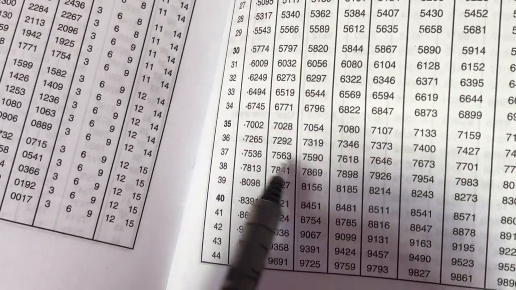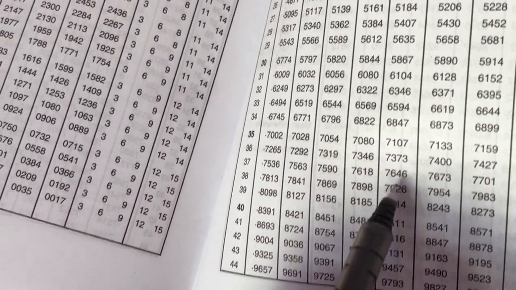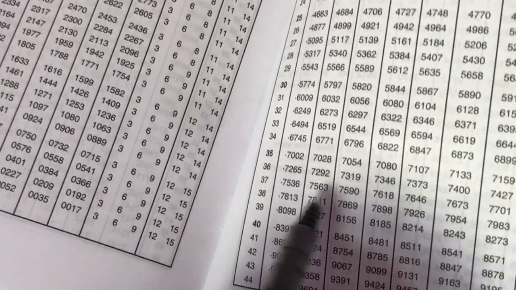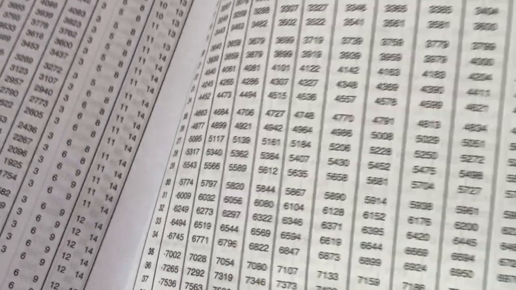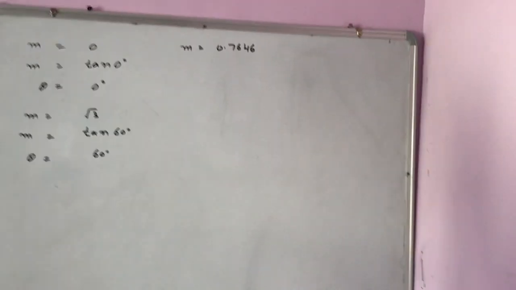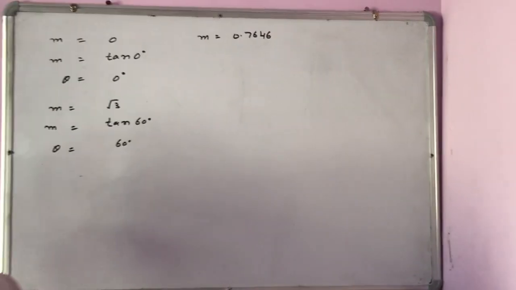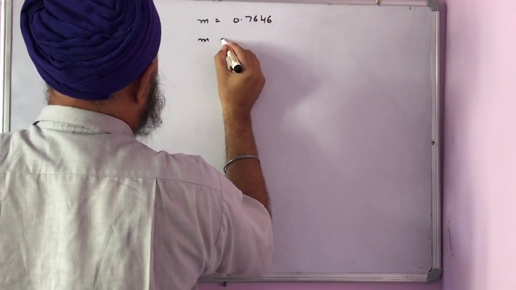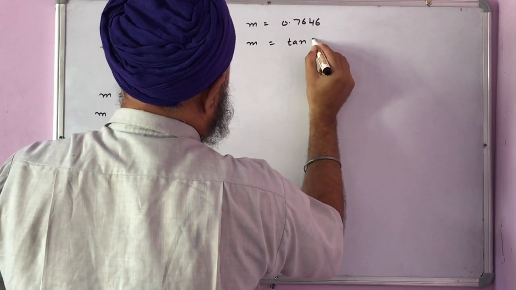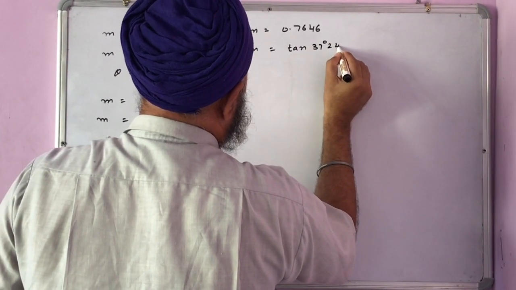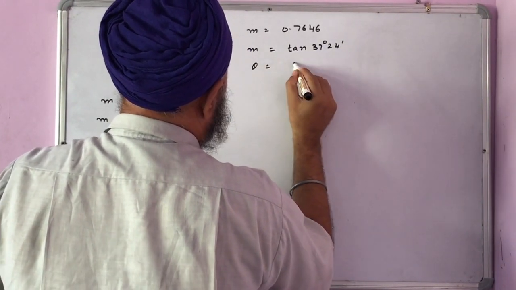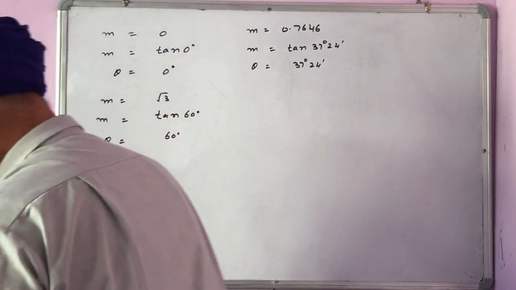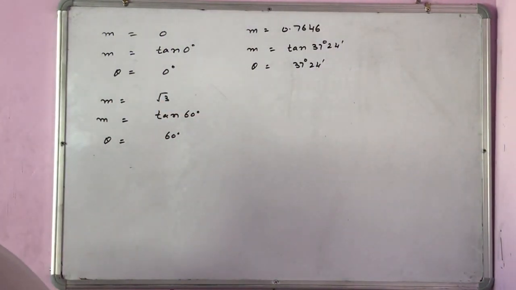You can see, it is under 24. So 37 degree 24 minute. So M is tan 37 degree 24 minute. So theta is 37 degree 24 minutes. So next you can also do like that.